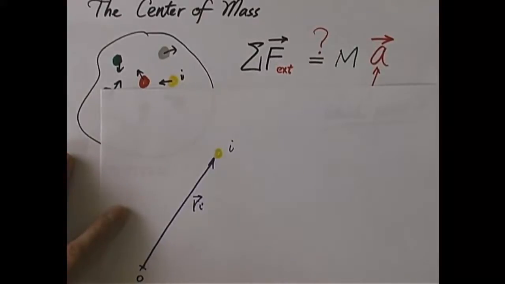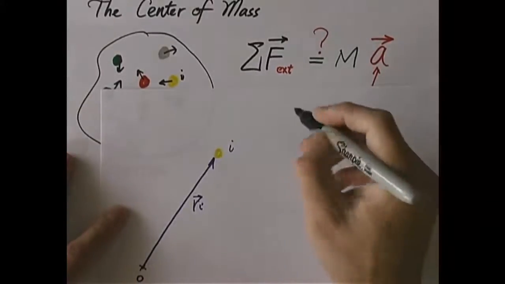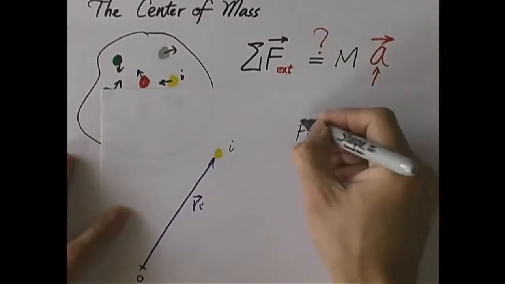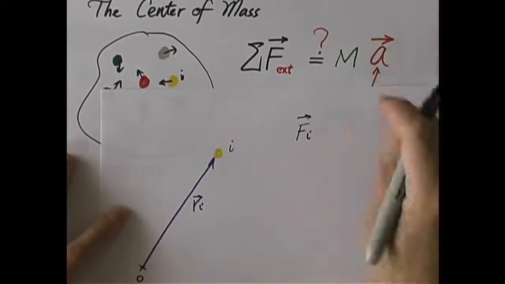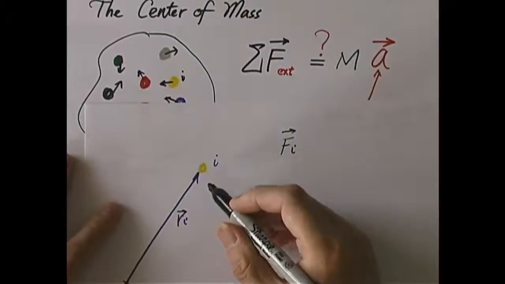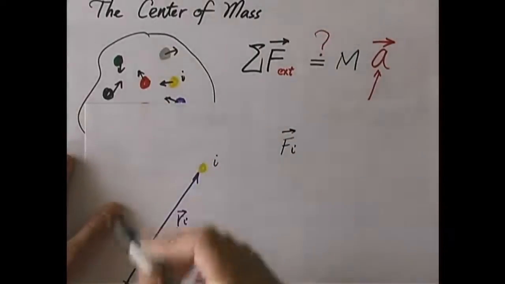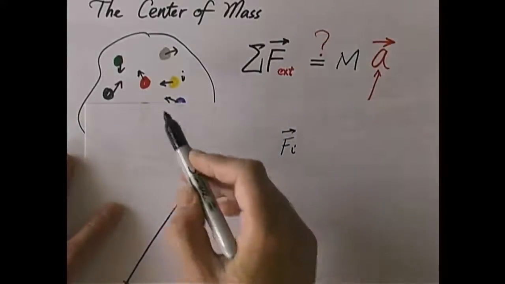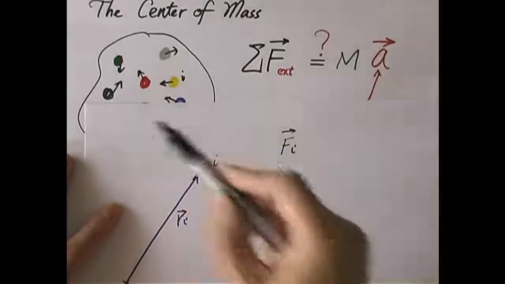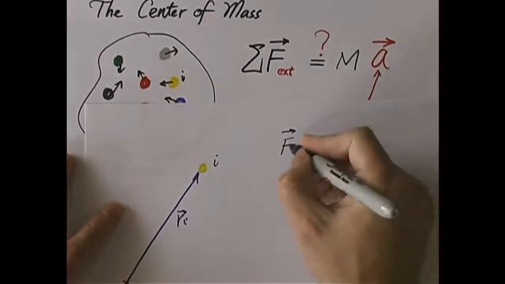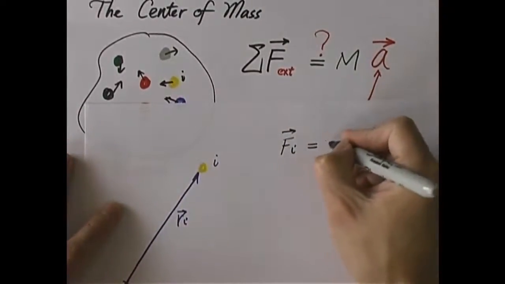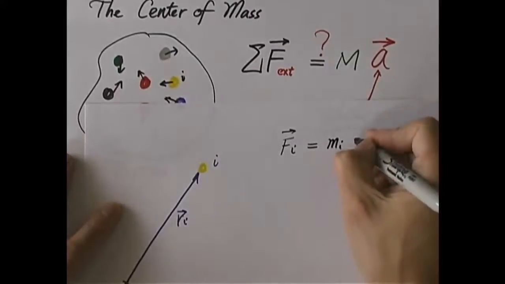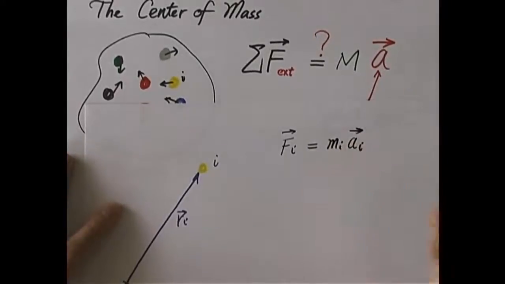So let me write down Newton's second law applied for this guy only, and I have F sub i, the forces exerted on the ith particle, including those from the outside and those from other particles within the same system, and all the forces, okay? It's the mass of the ith particle times the acceleration of the ith particle, right? That was F equals ma.